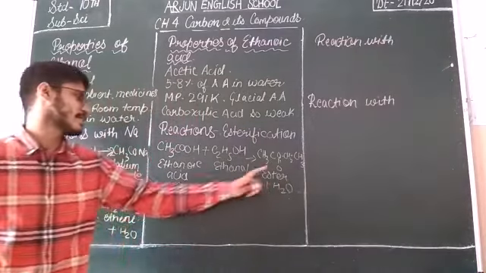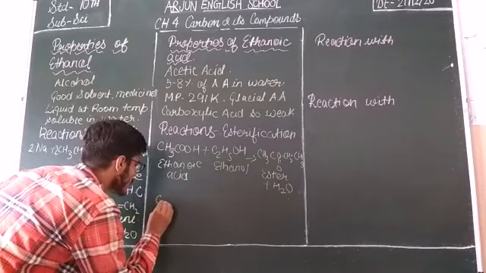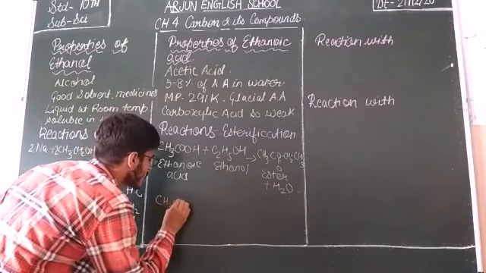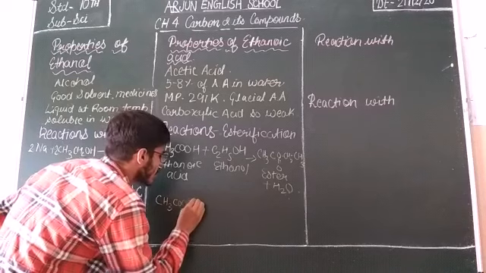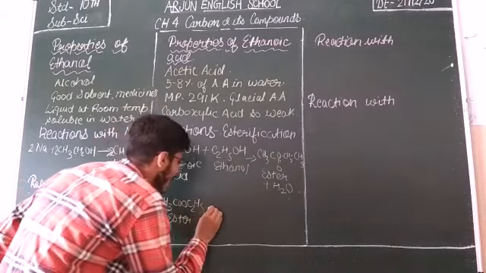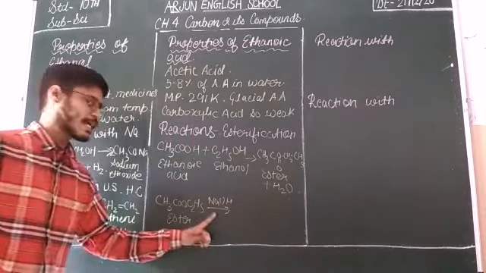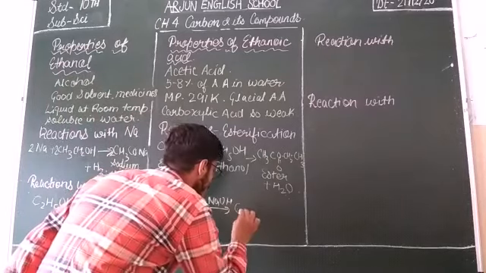So this is ester. Now, when this ester CH3COOC2H5 reacts with sodium hydroxide, what happens?